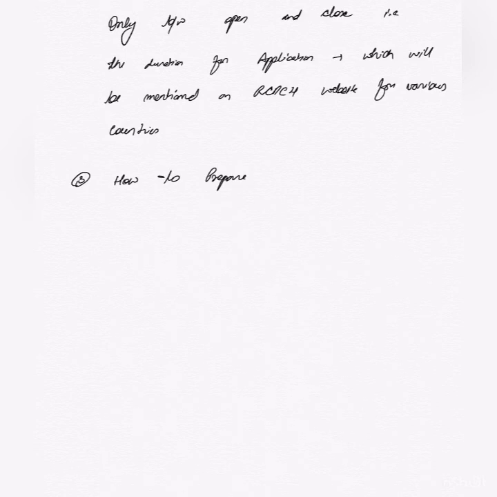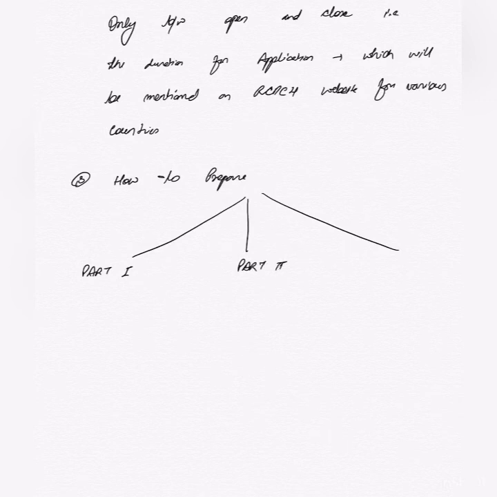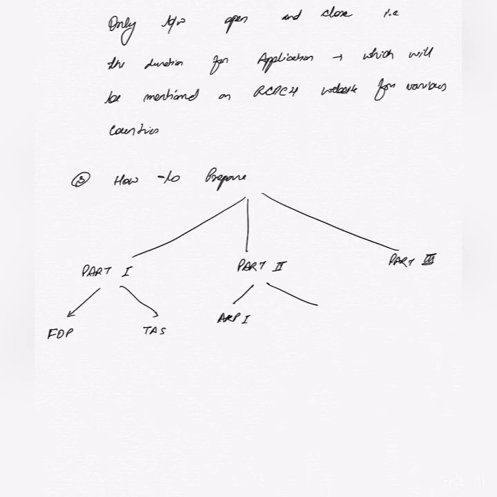There are a total of 3 parts: part 1, part 2 and part 3. Part 1 consists of 2 different exams, FOP and TAS. Part 2 also has 2 exams, AKP 1 and AKP 2. And part 3 is a clinical exam.